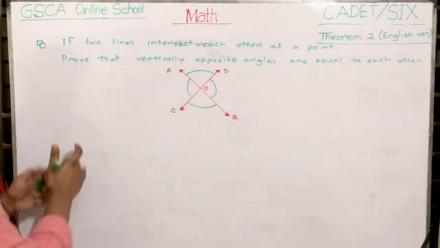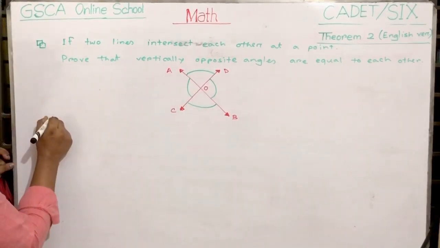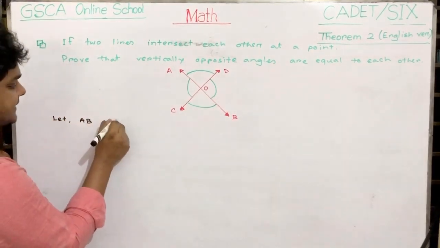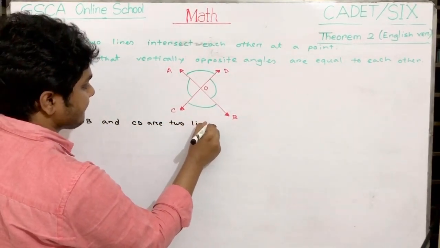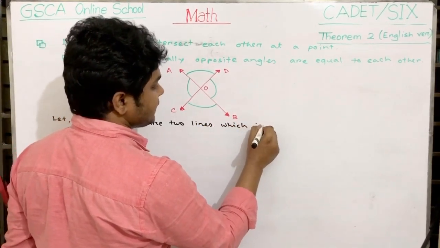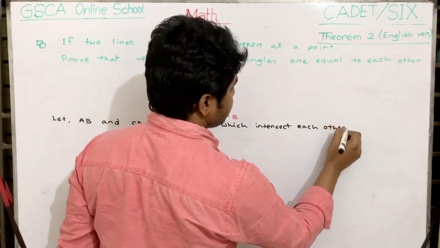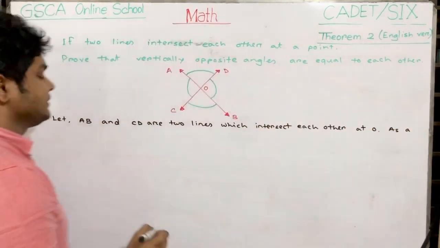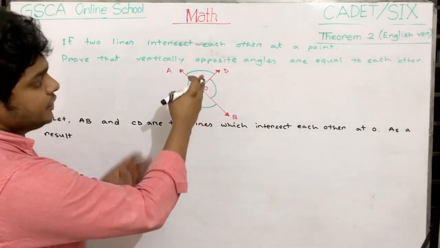Okay. Now, in your particular enunciation, what will you write? Let AB and CD be two lines which intersect each other at O. As a result, which four angles are produced?